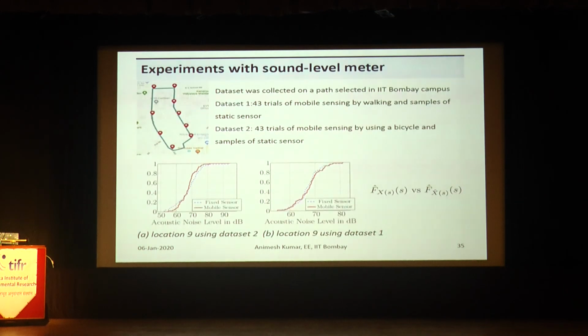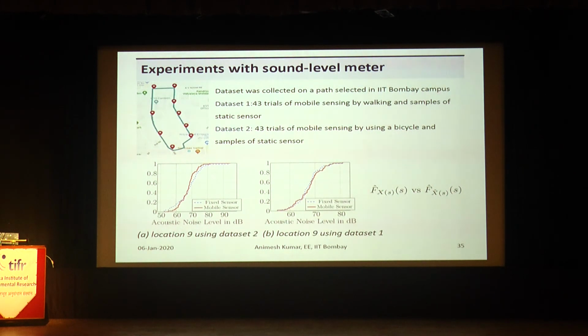We also did experiments to visualize whether all that we are doing is going to hold in practice. So Mira collected 2 data sets, each having 43 trials, somewhat limited by the Mumbai rains we had this year. In the first data set, she collected samples by walking. While walking, her speed is lower than while cycling, so the spatial sampling rate becomes higher.